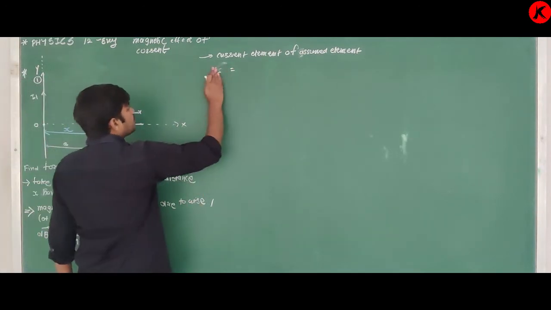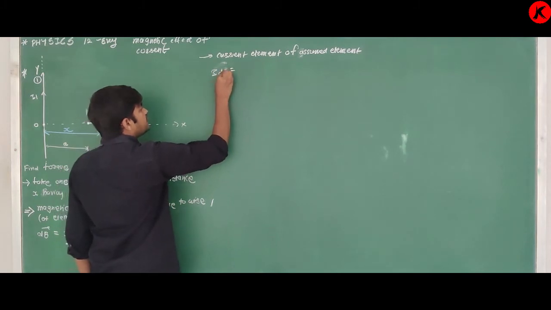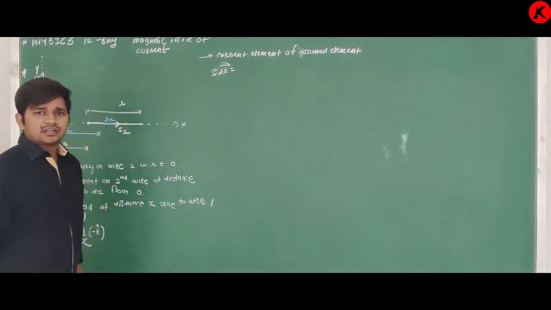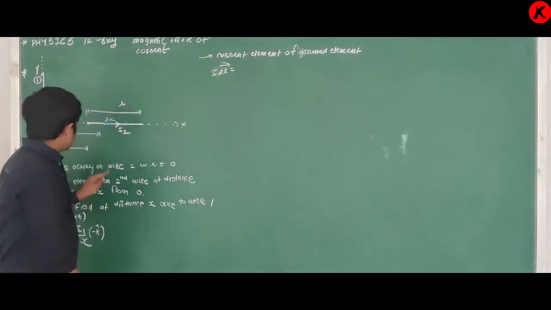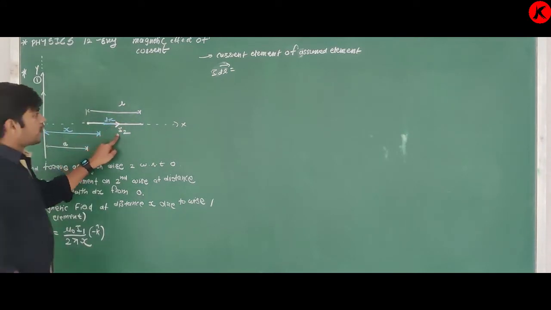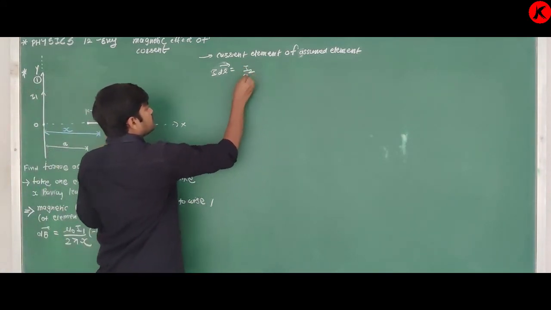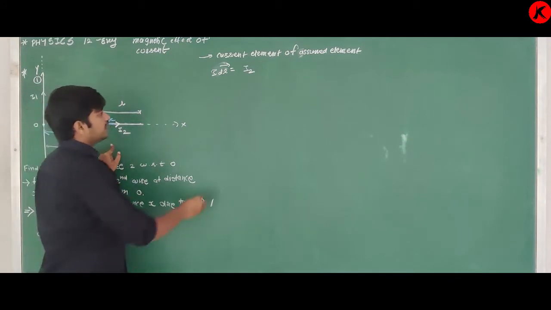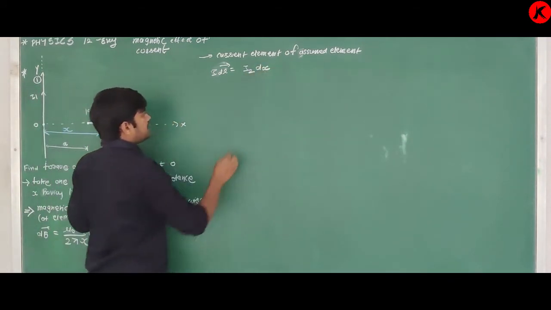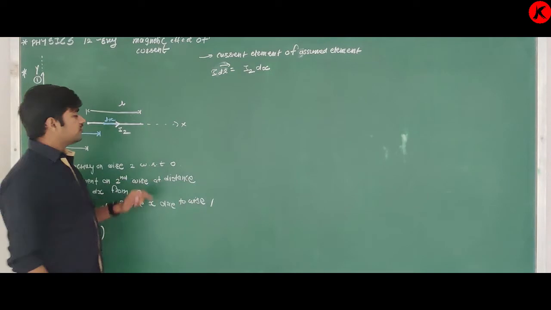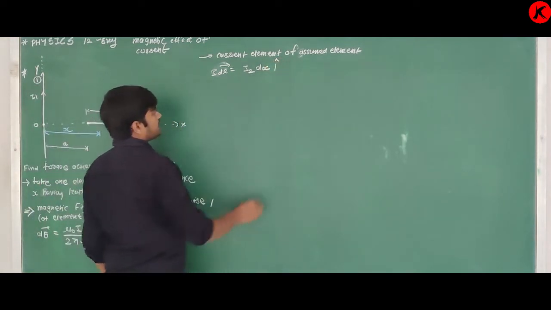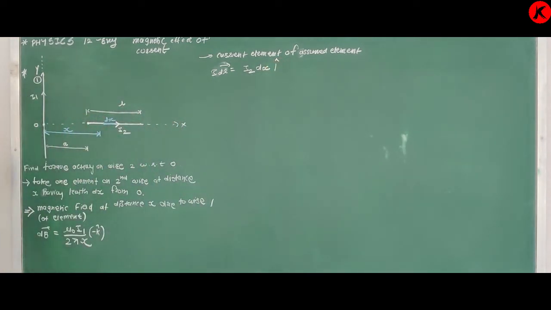How to write the current element? I can write I dl. You know what the current element is. What is the current flowing through this whole wire? It is I2. What is the length of this element? It is dx. And in which direction is the current flowing? In the x direction, so here it is i caret. Simple. I dl is equal to I2 dx i caret.